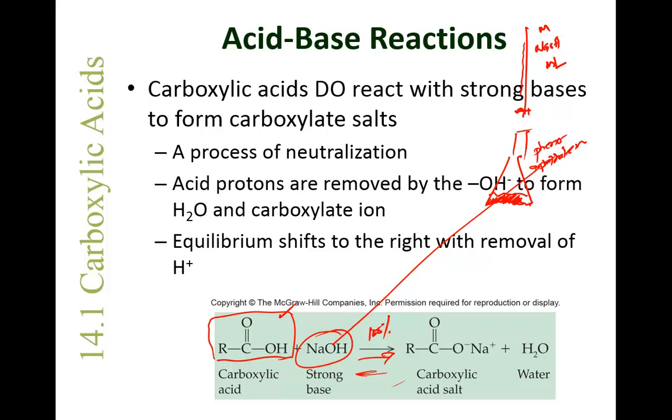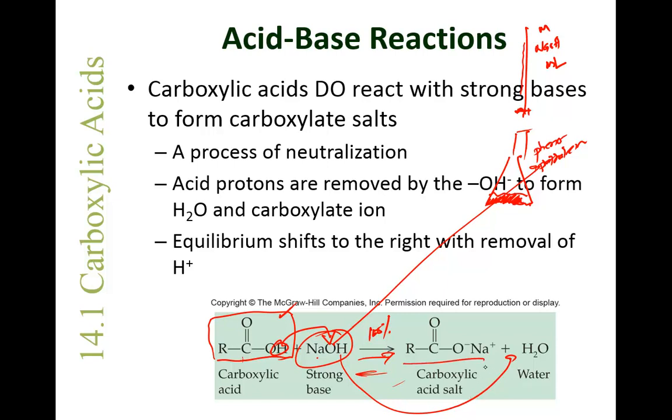So again, as long as carboxylic acid is present, sodium hydroxide removes the hydrogen ion from the carboxylic acid using the hydroxide ion, and we get water, and then what's left over is this carboxylic acid salt.